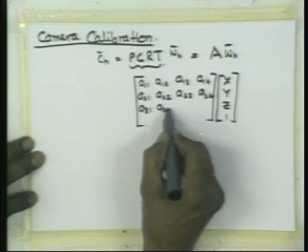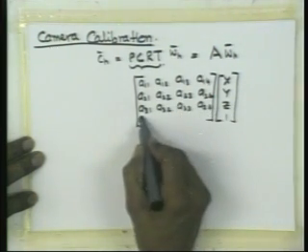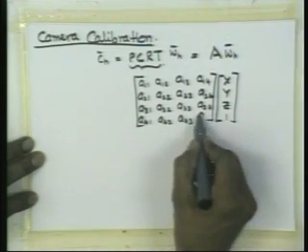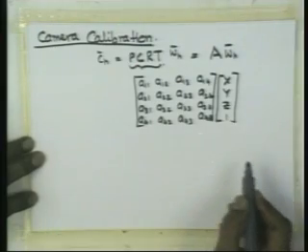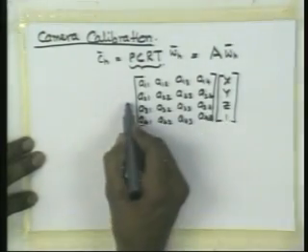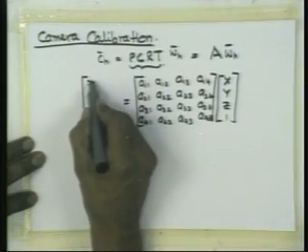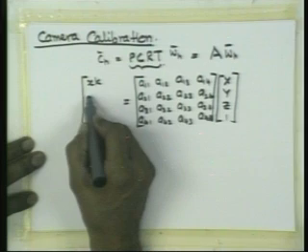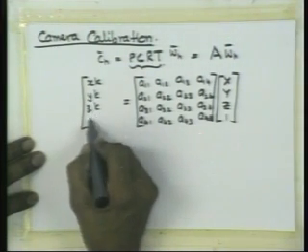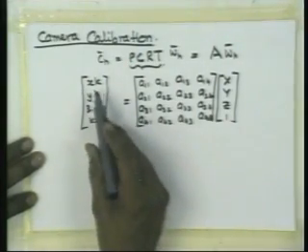A31, A32, A33, A34, and finally A41, A42, A43, A44. I have got these 16 elements in this matrix. This is multiplied, and what I will get from this product is essentially some x times k, some y times k, some z times k, and k, which will correspond to the camera coordinates.